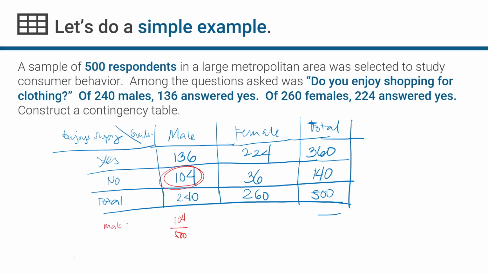So, a male that does not enjoy shopping for clothing. So, another one is, let's say for example, we're trying to find out what is the probability that a female does not enjoy.